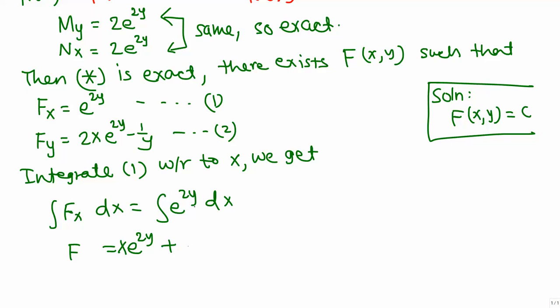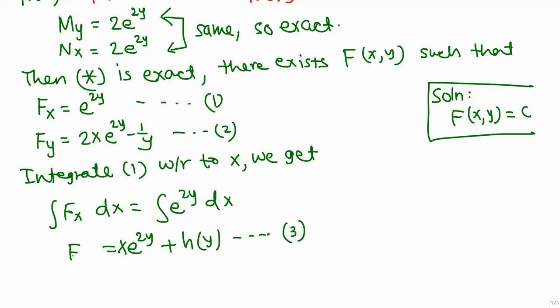But in this case the constant can be a function of y, so we need to write h(y), some function of y. This could be a pure constant, just a number, or this could be a function of y, because a function of y is also a constant in this case. So this is equation 3.